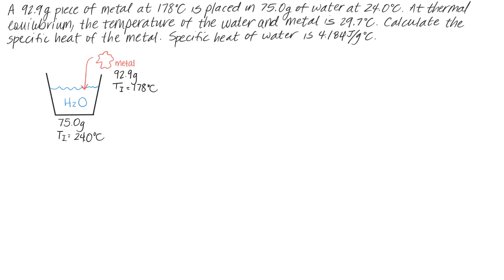We know that the metal will transfer some of its heat to the water, causing the temperature of the metal to decrease and the temperature of the water to increase until thermal equilibrium is reached, and that temperature we know is 29.7 degrees Celsius, and that must be the final temperature of both the water and the metal.